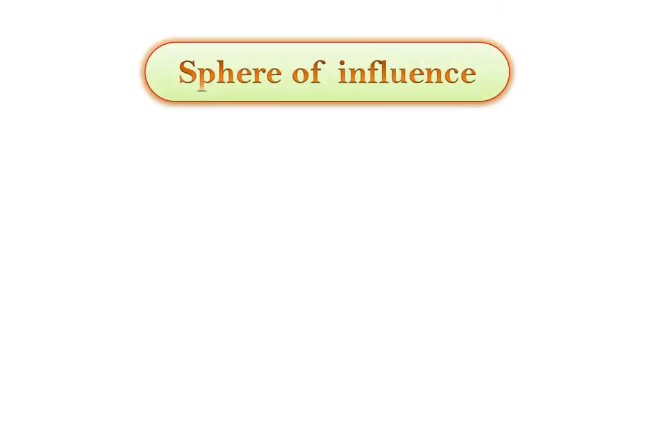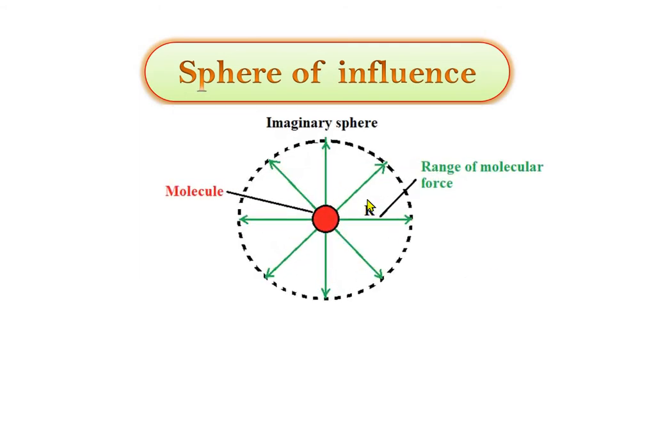Let's see the next very important point, sphere of influence. Let's see this image. In this image, there is an imaginary sphere, simply a circle, with the molecule at the center. See in the diagram carefully, it is in red color, and as a sphere or circle, it has a radius which is the range of the molecular force.